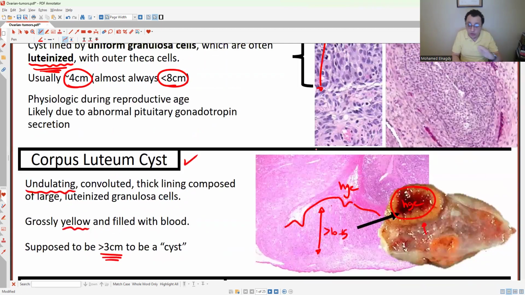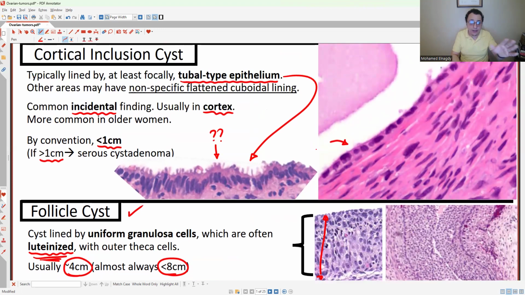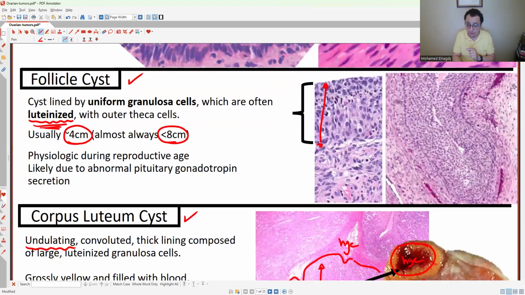However, benign looking cysts. So in the benign cysts of the ovary, you look at the lining. If the lining is a single layer of tubal-like epithelium with cilia and some areas of flat cuboidal epithelial lining, that's cortical inclusion cyst if the size is less than 1 centimeter. But if the size is more than 1 centimeter, you might call it serous cystadenoma.